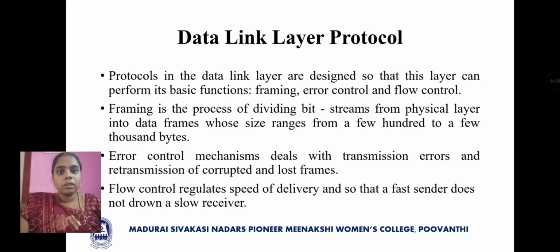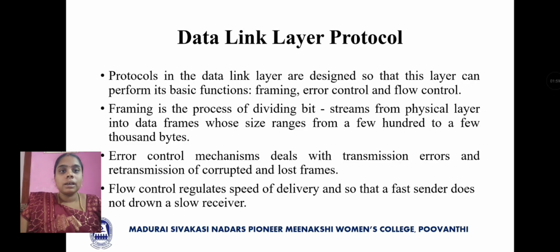Framing is the process of dividing the stream of bits from the physical layer into data frames. Its length may range from hundreds to thousands of bytes. Framing helps the receiver identify the beginning and end of each message during transmission.